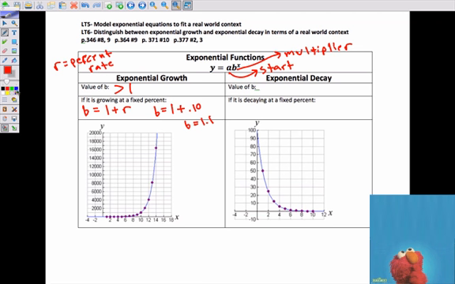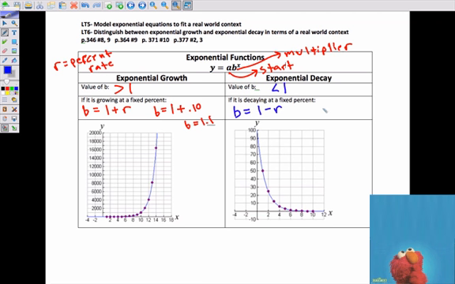On the flip side, if we have exponential decay, the value of b is going to be less than 1. And if it's decaying at a fixed percent, then our b value, or our multiplier, is going to be 1 minus r. As we saw with the zombies example, say 20% of the population dies each day.